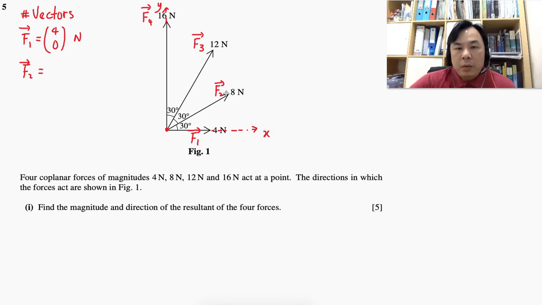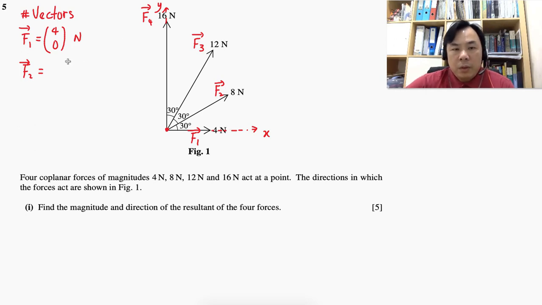Now we have to resolve this force along the x direction and along the y direction. It's moving certain units to the right, and then certain units vertically upward.